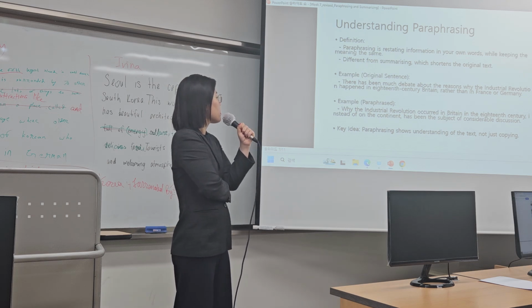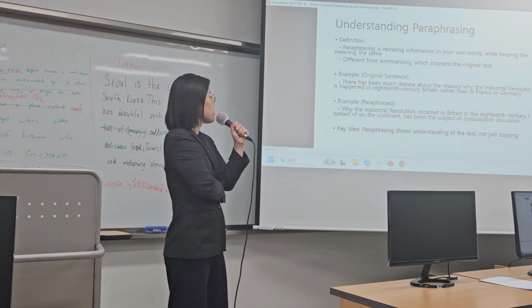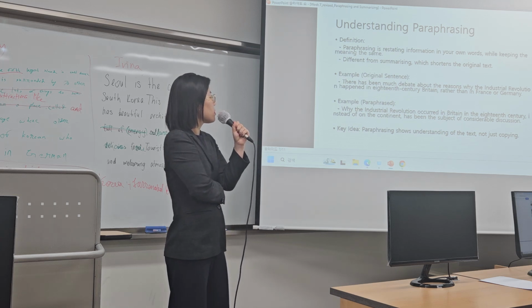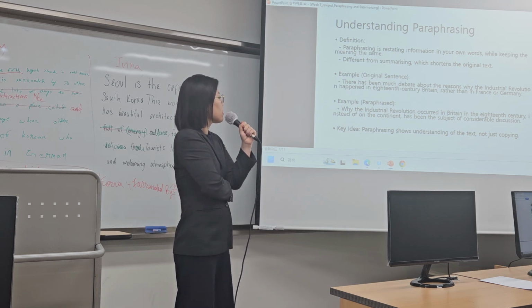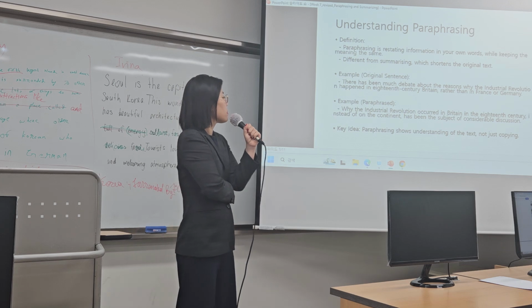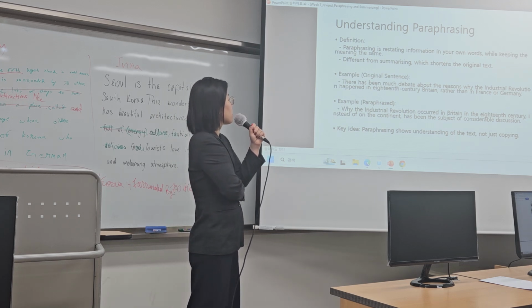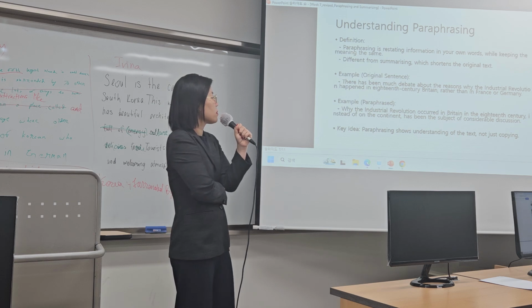Example. Why the Industrial Revolution occurred in Britain in the 18th century, instead of on the continent, has been subject of considerable discussion. Key idea. Paraphrasing shows understanding of text, not just copying.